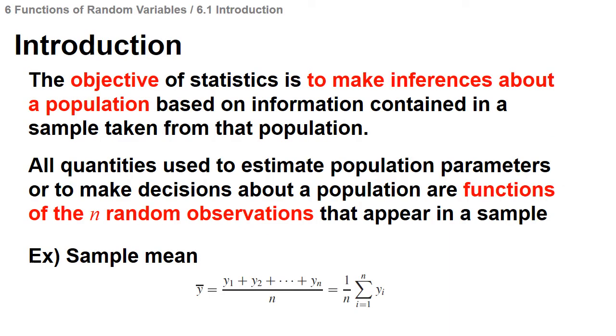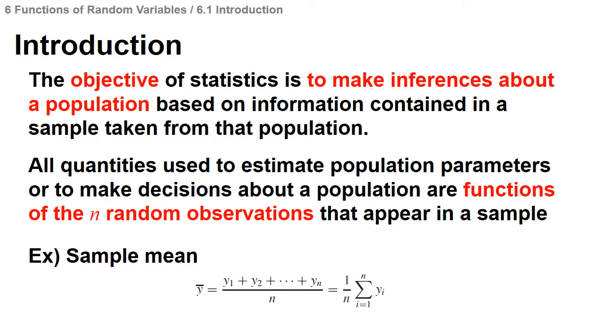Chapter 6.1 is a little bit of introduction about why functions of random variables is an important concept in statistics. The objective of statistics is to make inferences about a population based on information contained in a sample taken from that population.